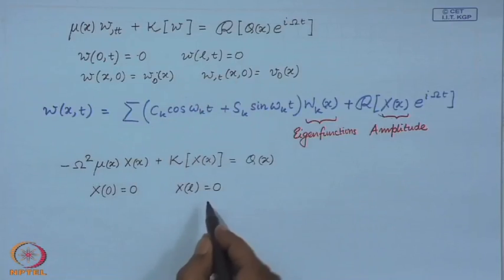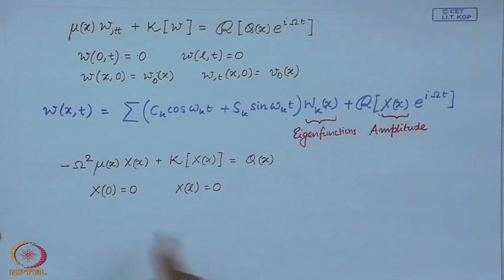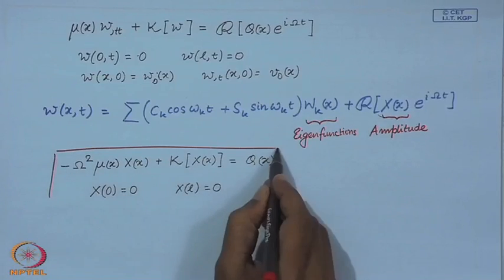So, for these boundary conditions correspondingly we have these as the boundary conditions on the amplitude function.